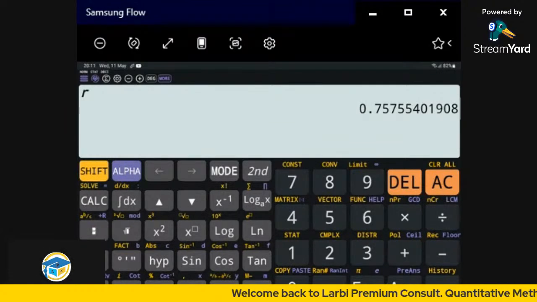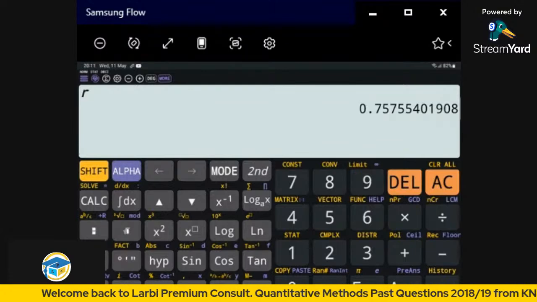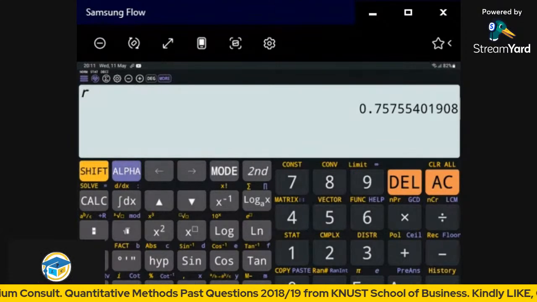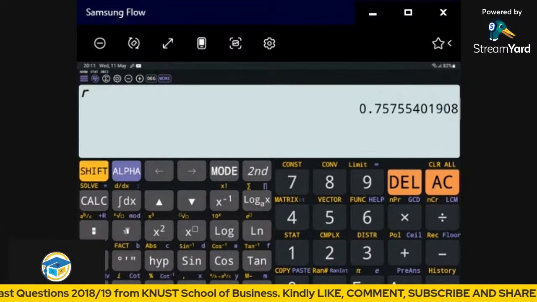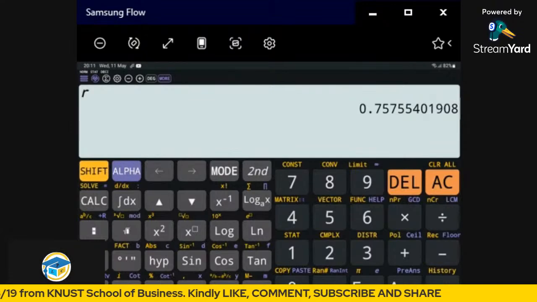First, select mode on your calculator. Then you select start, the number that comes with it, and then you select an equation, which is A plus BX.